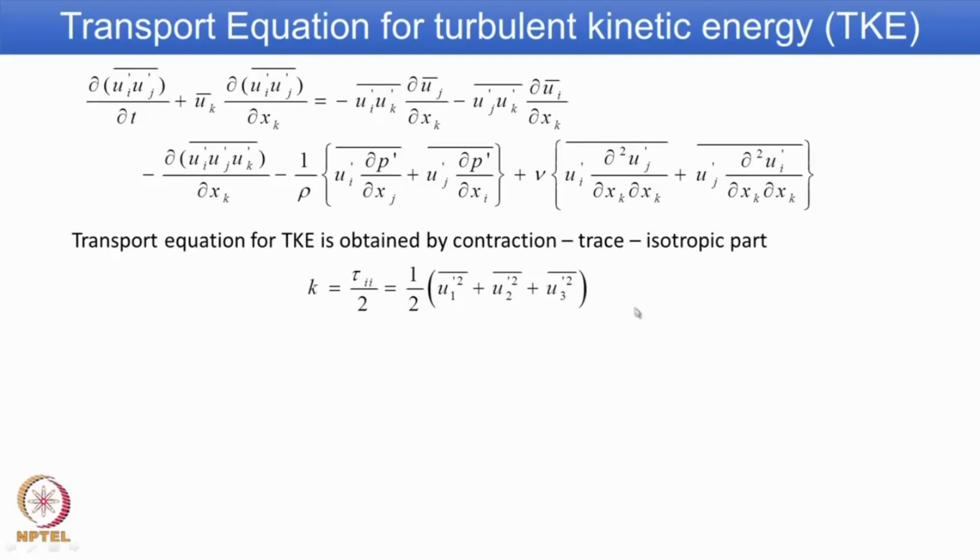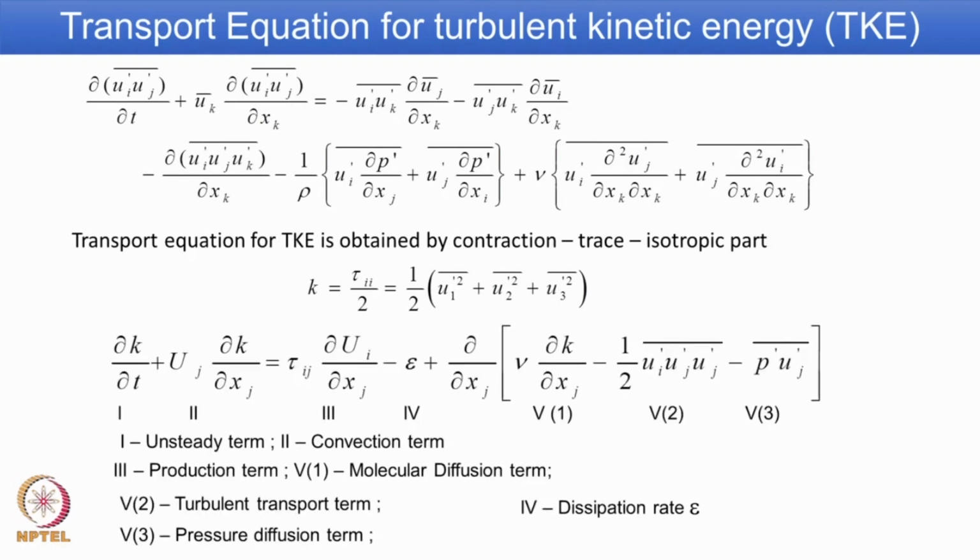Now, this is what is known as the turbulent kinetic energy or TKE. So, if I reduce this equation using the trace or isotropic part or a contraction, then I will get an equation for turbulent kinetic energy. That is the idea. That is what will happen.